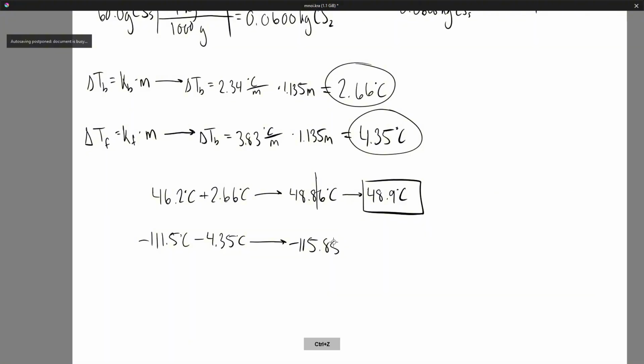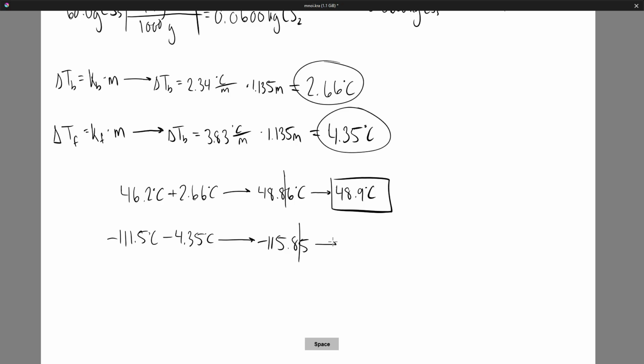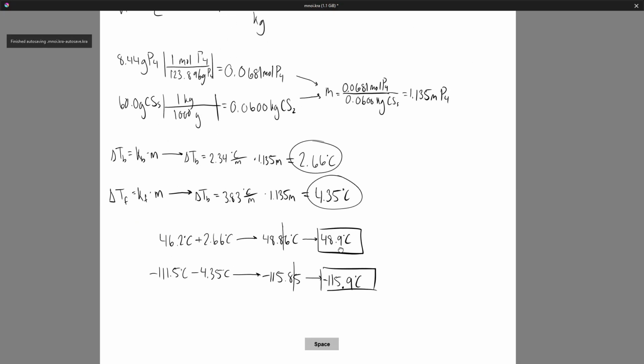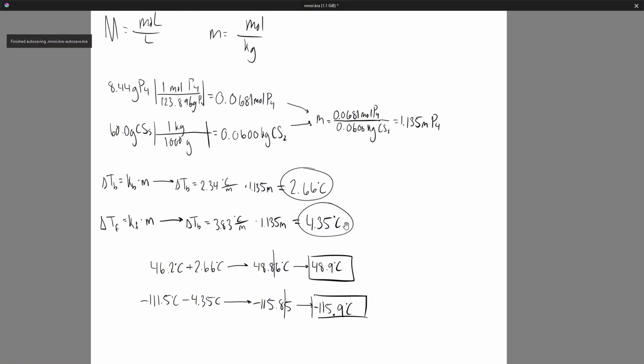But again, since we're rounding to one decimal place, it rounds up to negative 115.9 degrees Celsius. And that should be it for this. So keep in mind, for these problems, you'll want to work with molality, not molarity.